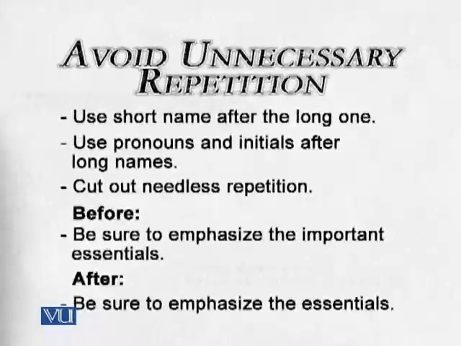Why redundant? Because important and essentials are the same thing. Essentials are always telling you that something is important, okay? So why add an adjective, a value word, which you do not need? So we can rewrite the sentence this way. Be sure to emphasize the essentials.